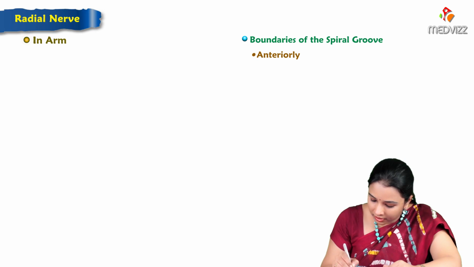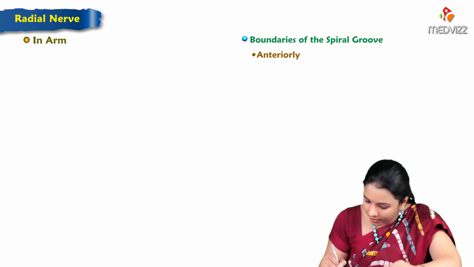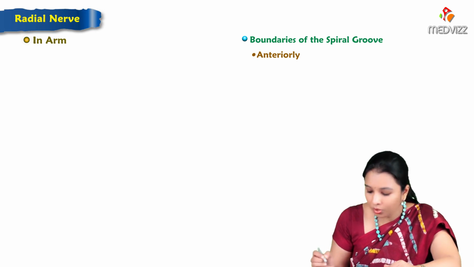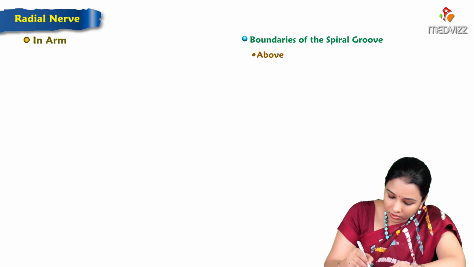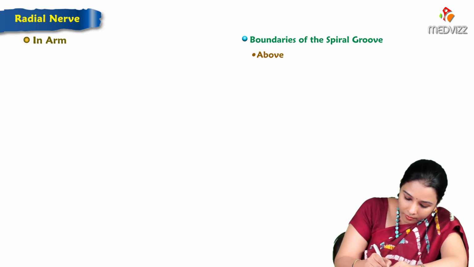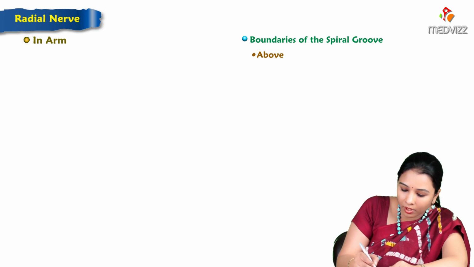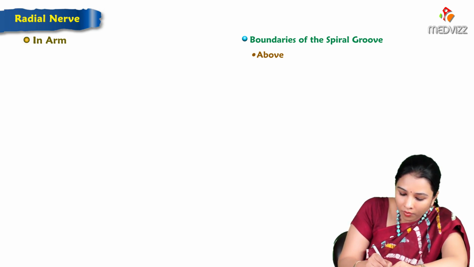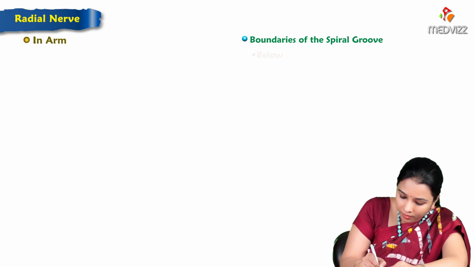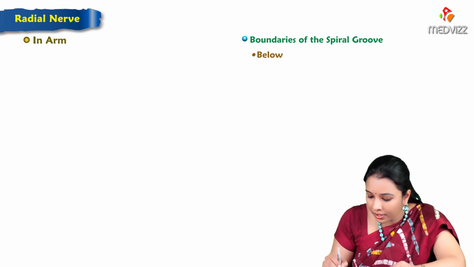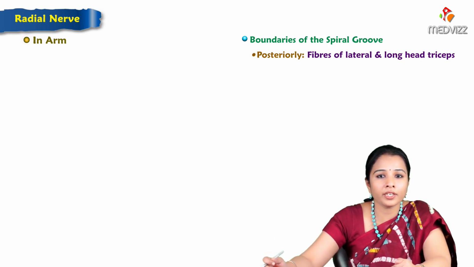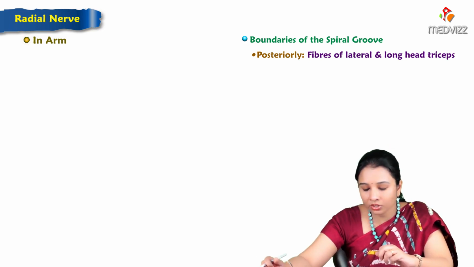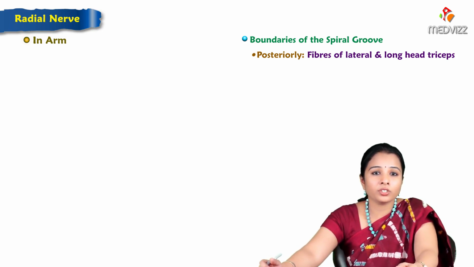So anteriorly, it is related to the shaft of the humerus, above it is related to the origin of the lateral head of triceps, and below it is related to the medial head of triceps, and posteriorly it is related to the fibers of the lateral and long head of triceps. These are the relations and boundaries of the radial groove.